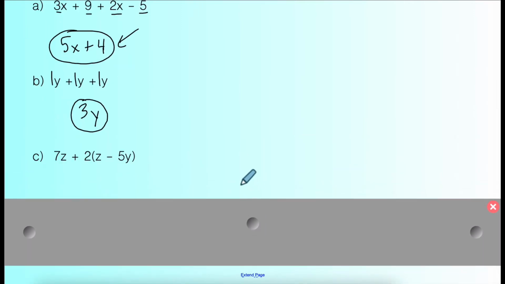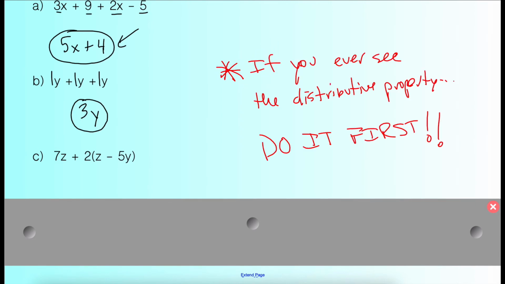We'll do 2 more. Now, here is one added bonus piece of notes you should be aware of. I skipped ahead and I wrote out what I wanted to say. If you ever see the distributive property within a problem, that means if you see something in parentheses that's being multiplied by something else, like I see right here, 2 times this thing in parentheses, that's distributive property.